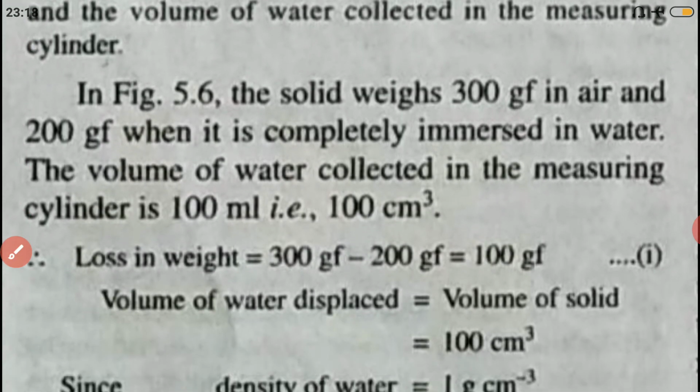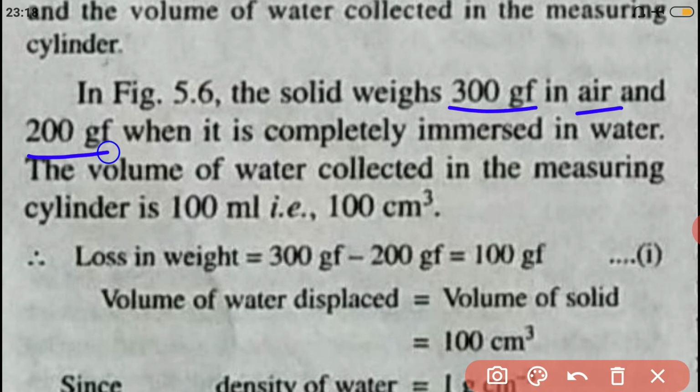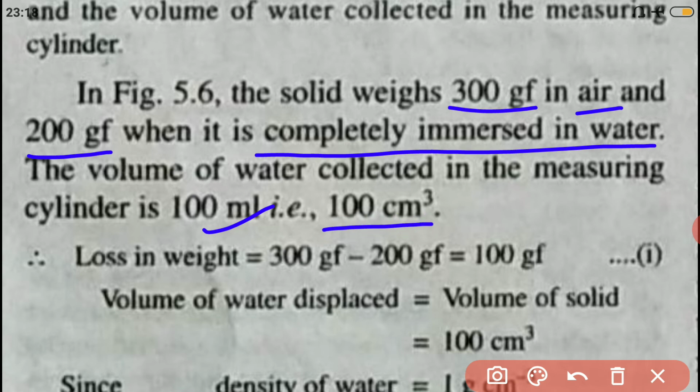Now in figure 5.6, the solid weighs 300 gram force in air, whereas it weighs 200 gram force when completely immersed in water. Obviously this loss in weight is because of the upthrust. The volume of the water collected in the measuring cylinder was 100 milliliter, that is 100 centimeter cube, because 1 milliliter is equal to 1 centimeter cube.